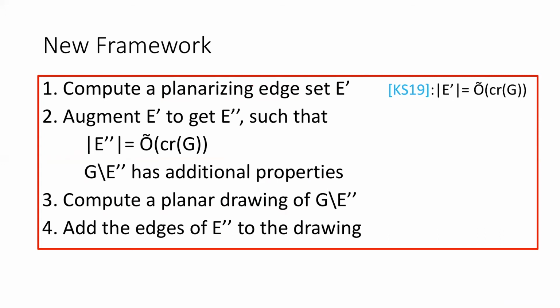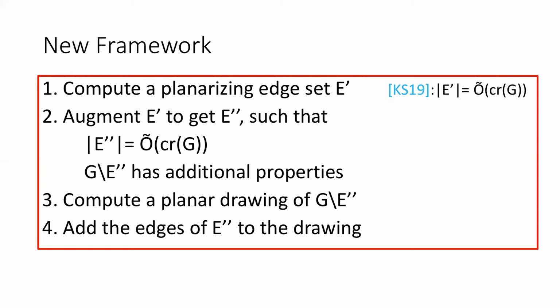So the new framework can be seen as a modified version of the old framework. So the first step is still to compute a planarizing edge set, which is identical to the old framework. In fact, we will be using the algorithm of Kobayashi and Sidiropoulos to implement this step and get a planarizing set of size approximately CRG. But then we allow ourselves to augment this set by adding additional edges to it.